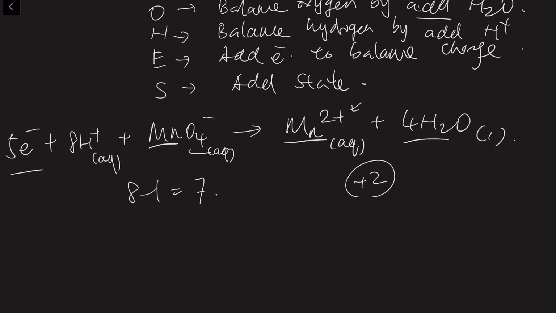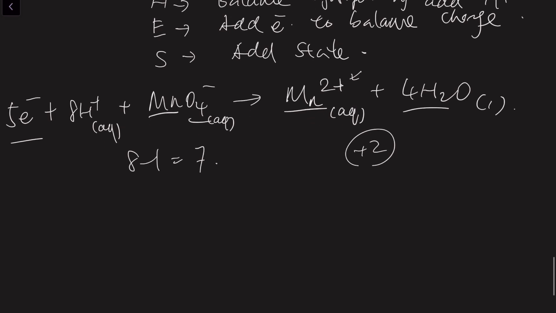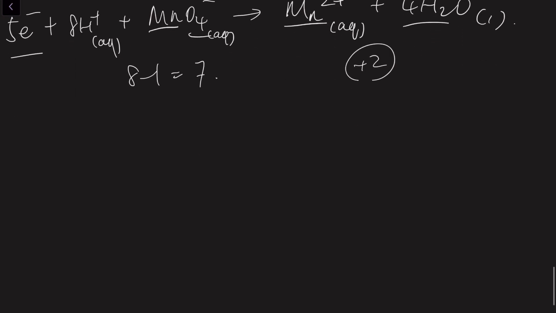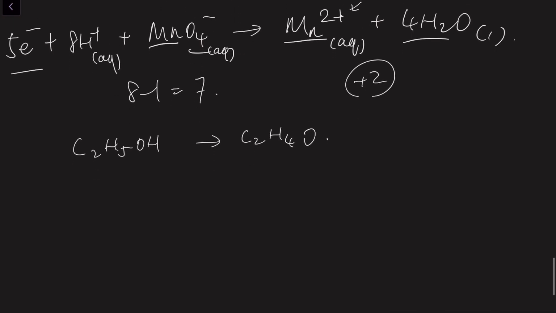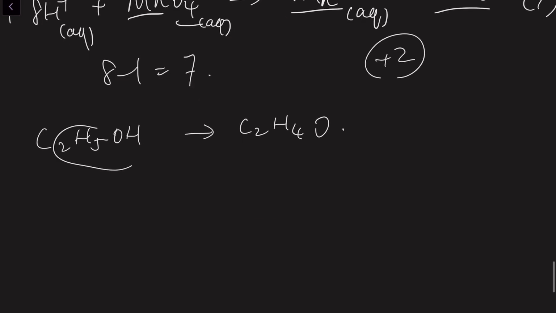So as you can see, this is actually a reduction half equation because we are gaining electrons. So the other side of the story. So this one should be oxidation. So this is ethanol.